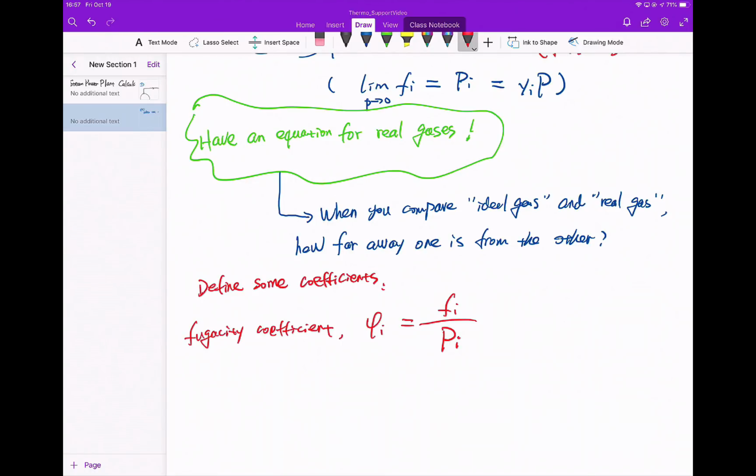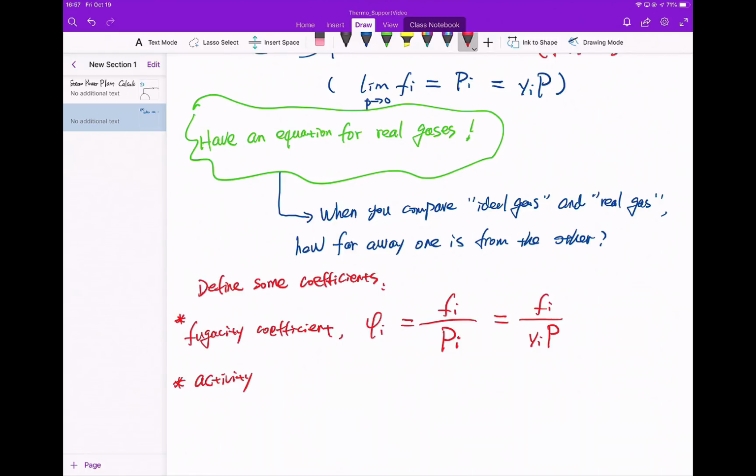Of course, Pi is Yi times P total. The second is the activity.